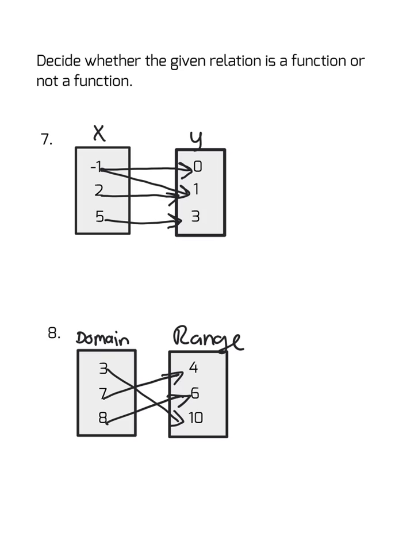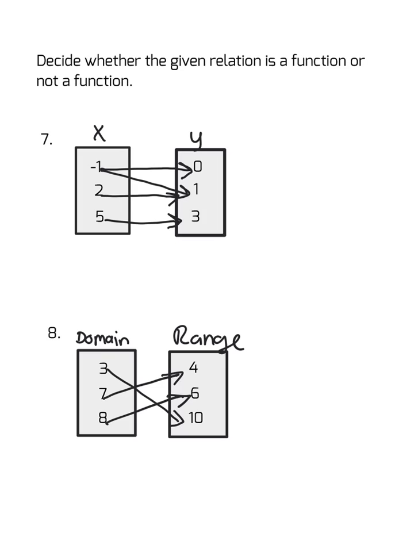All right, and so the last relation we're going to look at, or last way to represent a relation, is the mapping. And so we're going to do the same exact thing here and decide whether it's a function or not a function. And so my x's are on this side, or my domain. So on number 7 here, I want you to notice that we're still checking to see if x values repeat.